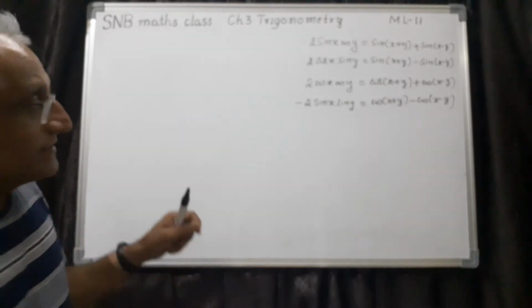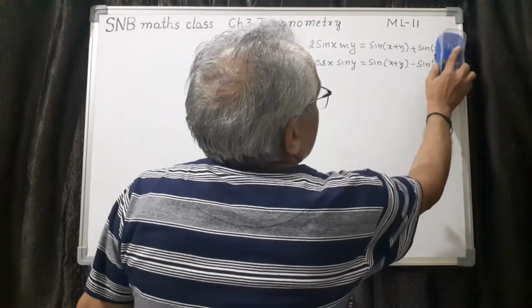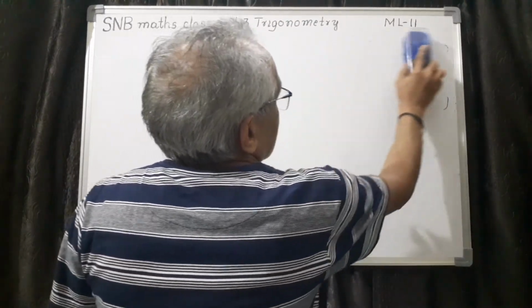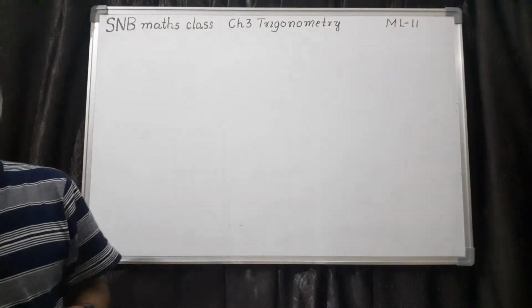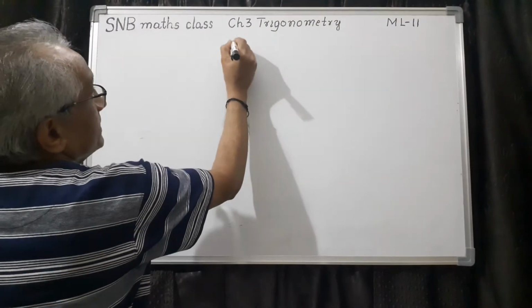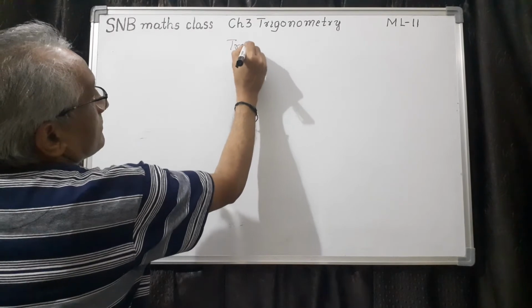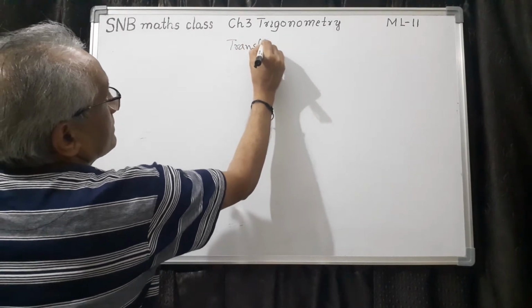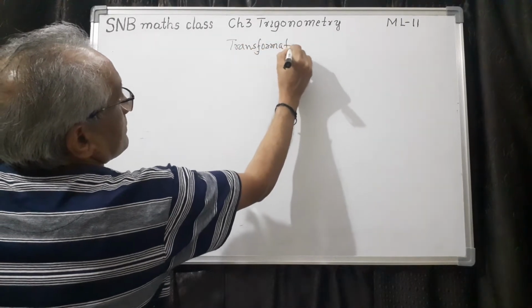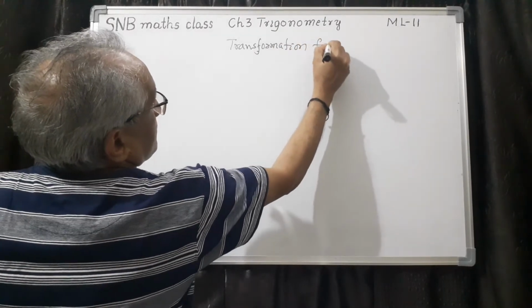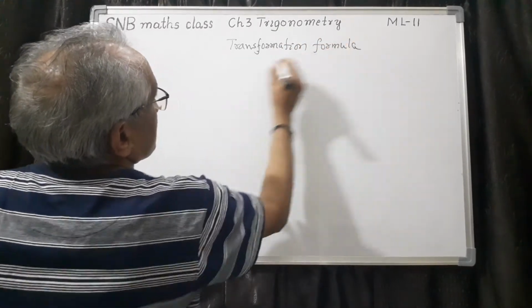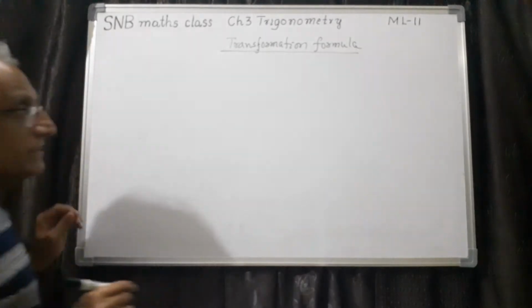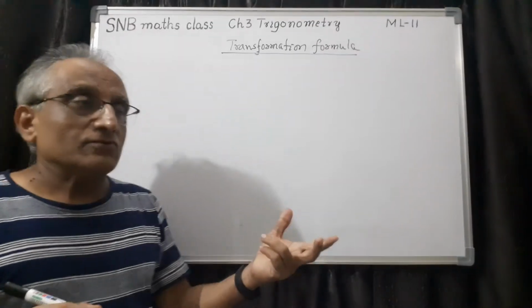And the last set let me give, and with this the formula derivation will be over. So the last one is called the transformation formula. So here also with sine we have two formulas, with cos also we have two formulas.